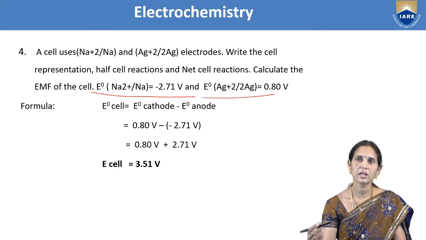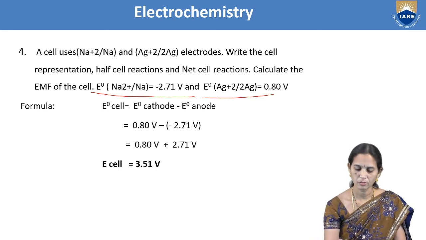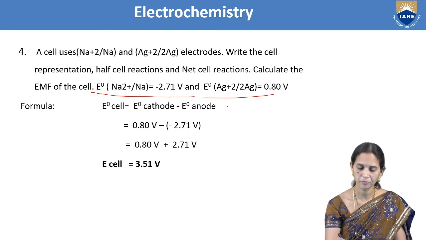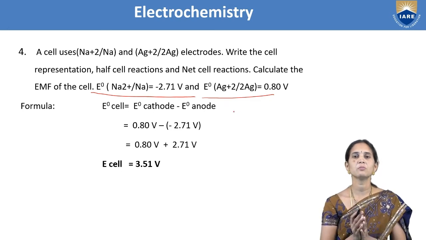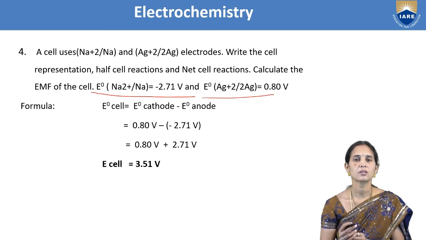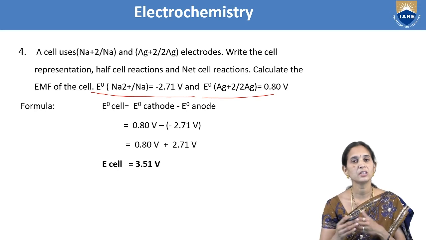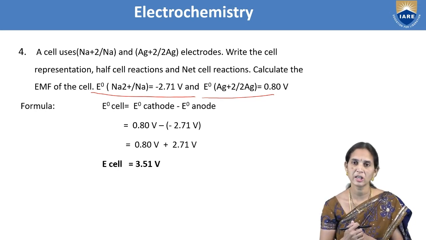So first we have to write the half cell reaction for this cell, then the total cell reaction, then the representation of the cell. Comparing the sodium electrode and the silver electrode, the silver electrode will undergo a reduction reaction and the sodium electrode will undergo an oxidation reaction, because sodium is a more active metal than silver.